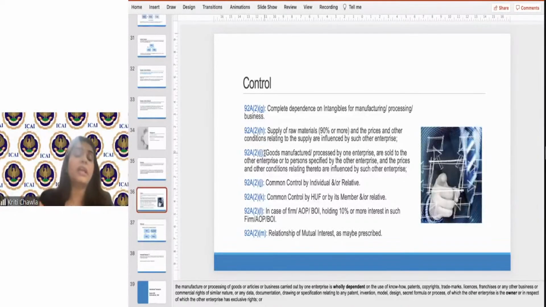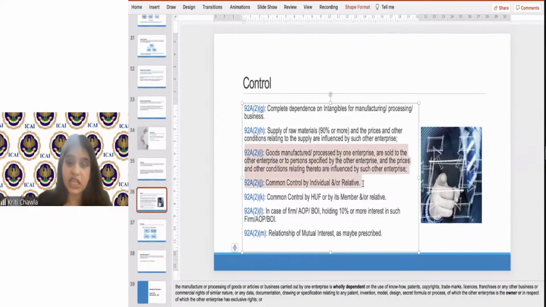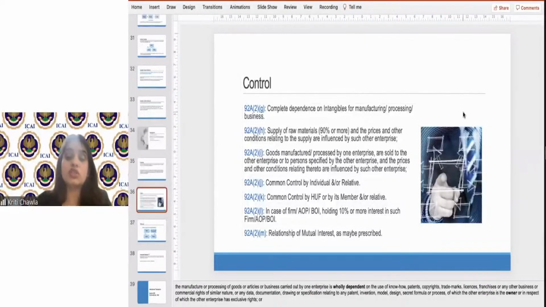A lot of enterprises come within the purview of section 92A2I because the law is worded in that particular manner: if you're giving all the goods manufactured or processed by one enterprise to another enterprise, then they will become related to each other. The point is, there is a lot of litigation in India on how two enterprises become related to each other, because the meaning of the terms is not defined.